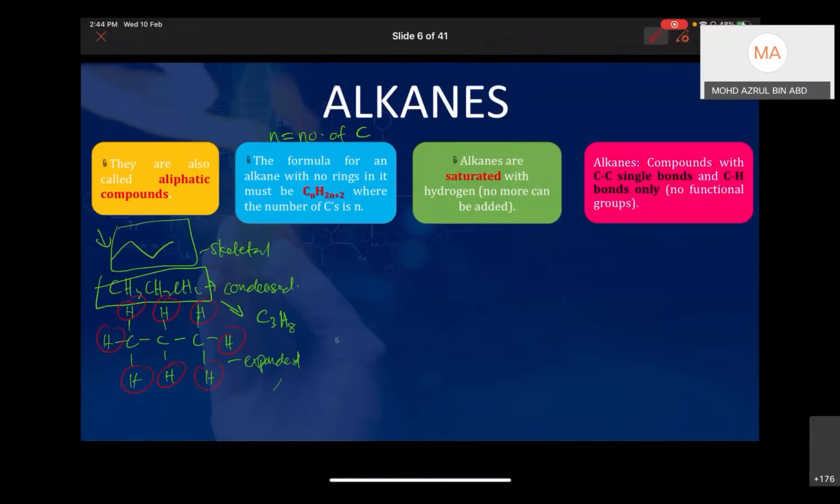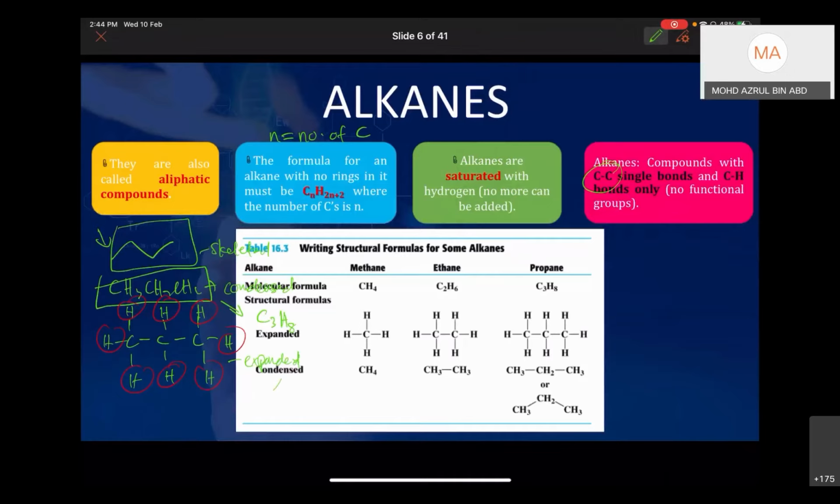And the alkane is a compound that only has C single bond C. So this is a few examples of the alkane compounds.